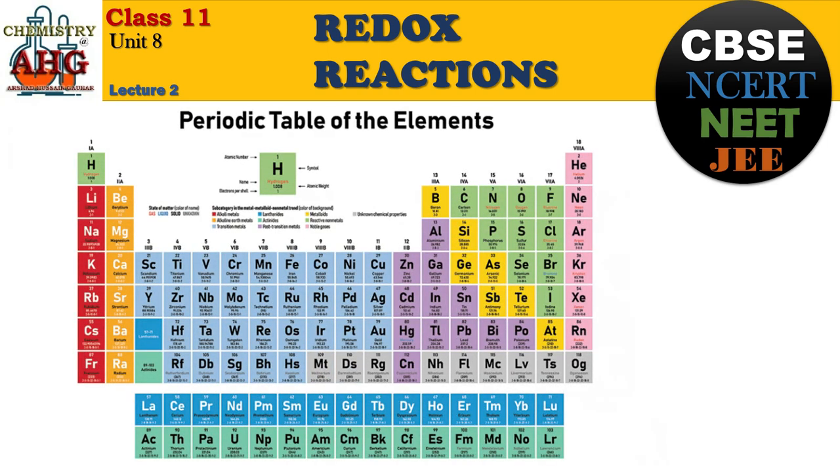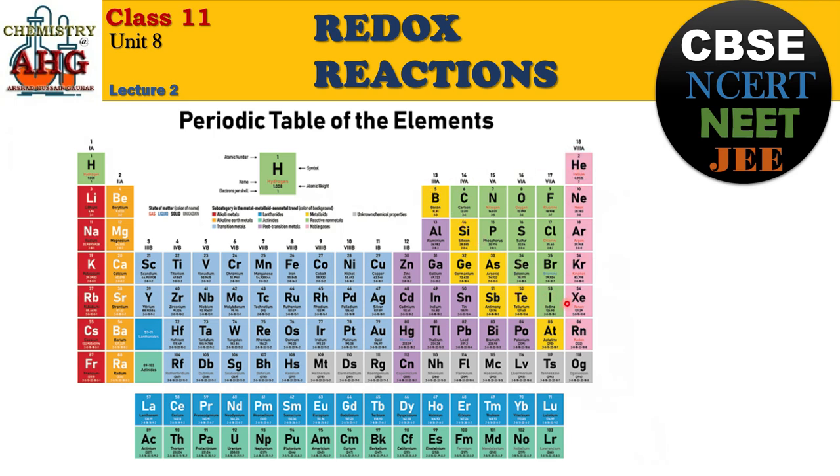If you look at the periodic table, generally the elements present on the left-hand side and in the central part are metals, as you know very well, and those present on the extreme right-hand side are non-metals.